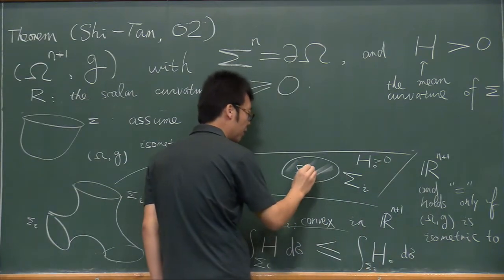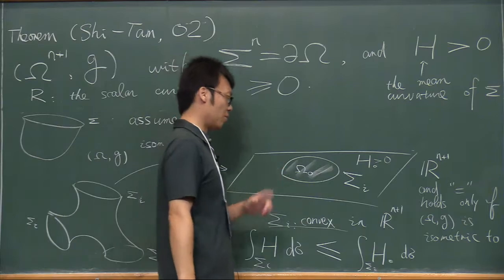Okay, let's denote the region bounded by sigma I by omega 0.